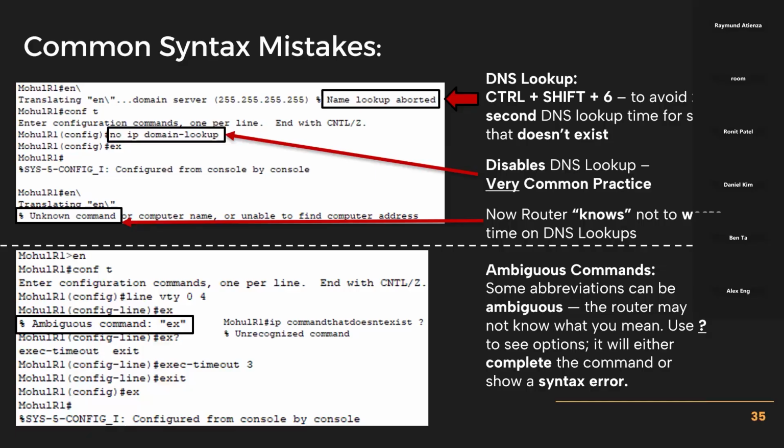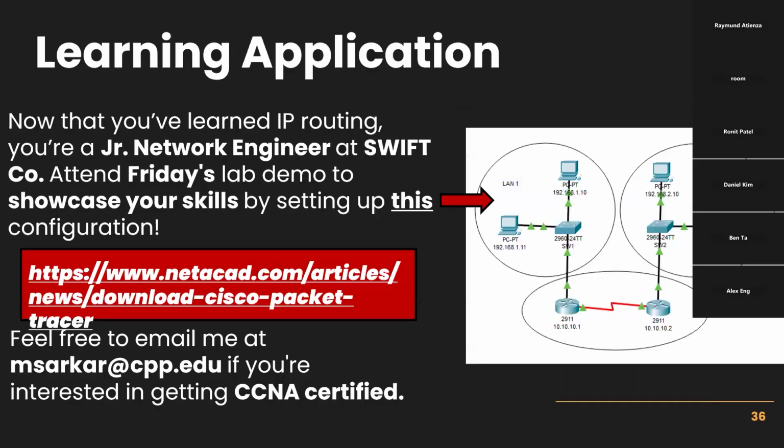Do you mean set an exec-timeout, or do you want to exit? It doesn't know if you want to set a timeout of your line console to be 3 minutes or if you want to leave. So you have to add more words to specify. Once I write the whole command, it understands, and once I write the full exit command, and then notice how once I leave the config line, that exit works again because there are no ambiguous commands in the general configuration. All right, so for the most part, that's it.